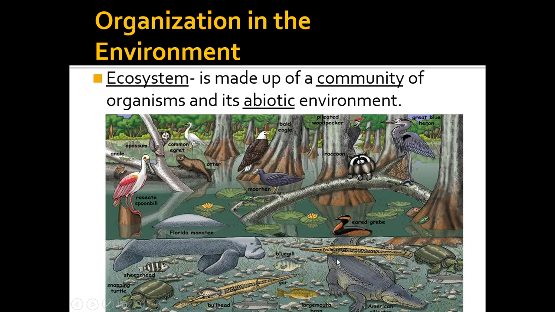Then we have an ecosystem, and this is a community of organisms and its abiotic environment. So here we have our big abiotic factor being the water, but all these organisms live and interact with one another and have this abiotic factor that's going to be affecting their ability to live there. So not only water, but the temperature is also going to affect them.